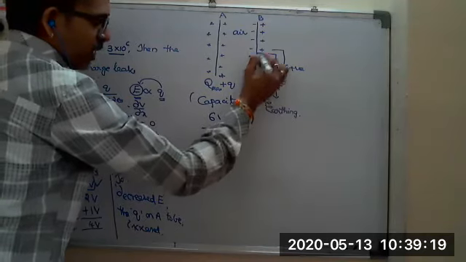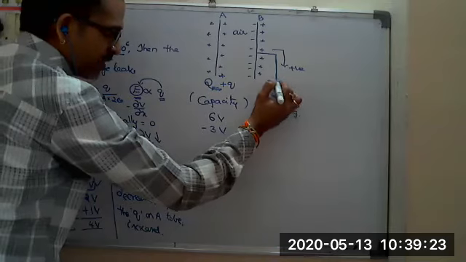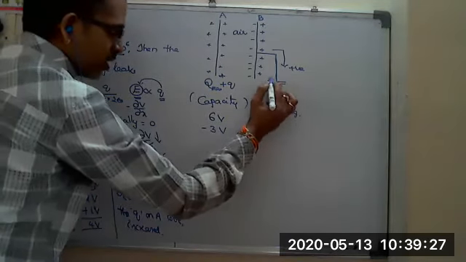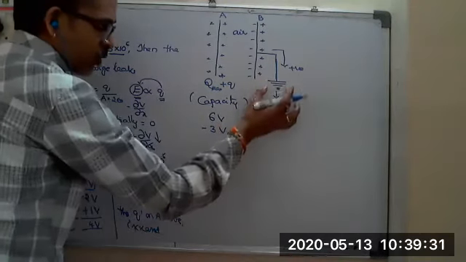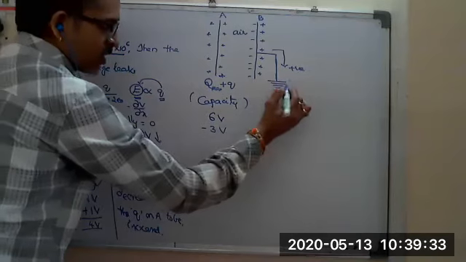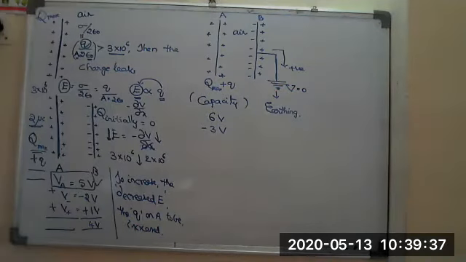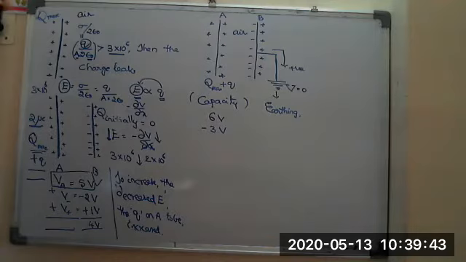That's why whatever charge you give to the earth, after taking it, the earth's nature won't be changed. The earth always behaves as a neutral body. Neutral body means no charge, no potential. That's why we always take the concept that the potential on the earth is 0.